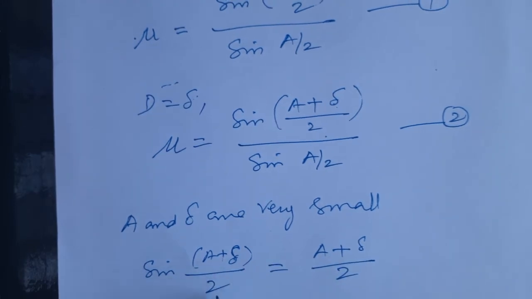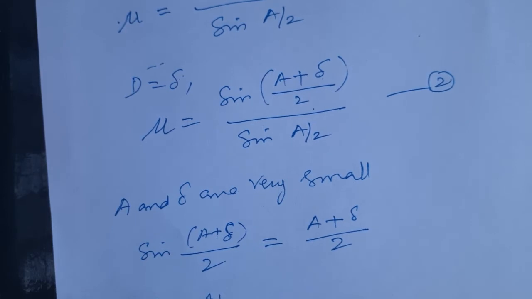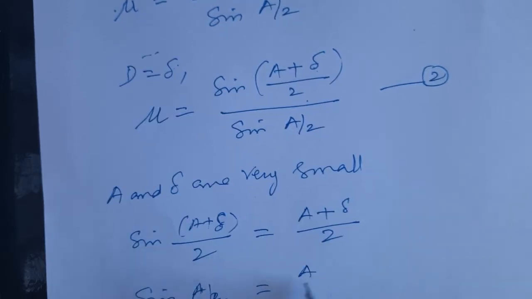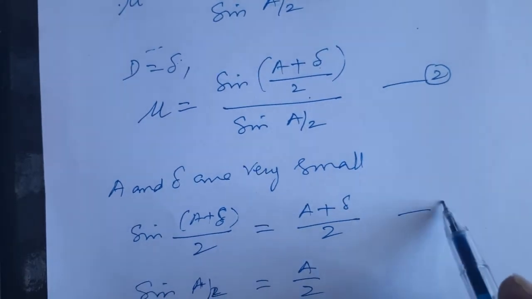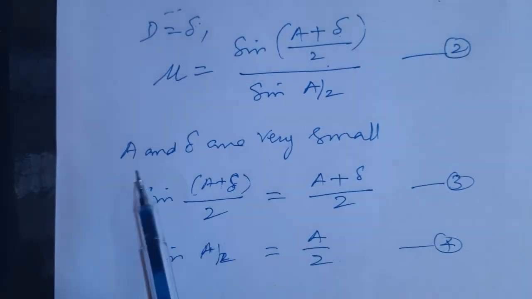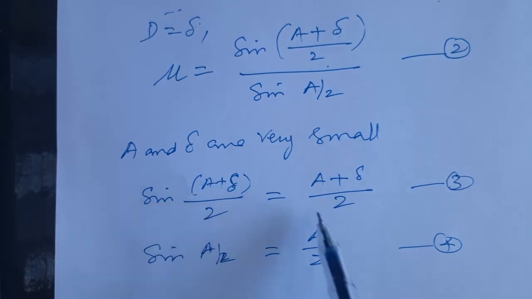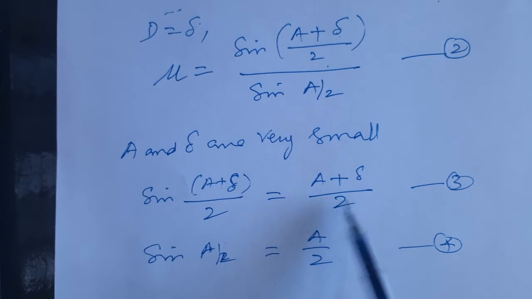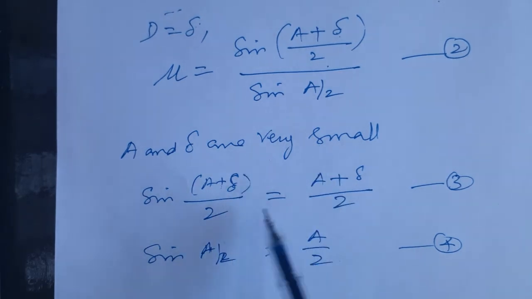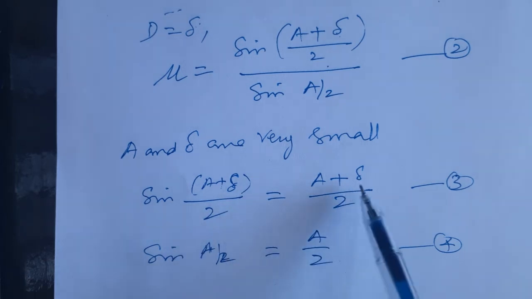And again, sine of A by 2 is equated to just A by 2. That is equation 4. As angles A and delta are very small, the sine value is not going to affect the calculation, so we simply remove the sine. Sine of (A plus delta) by 2 is equal to (A plus delta) by 2, and sine of A by 2 is just A by 2.